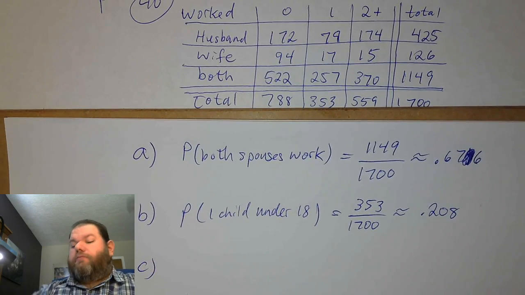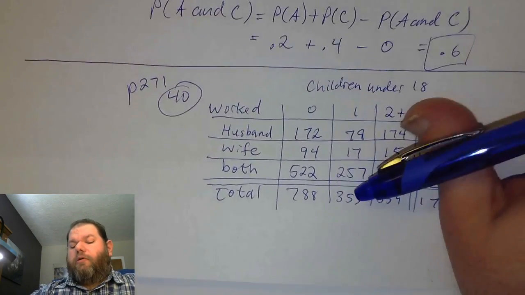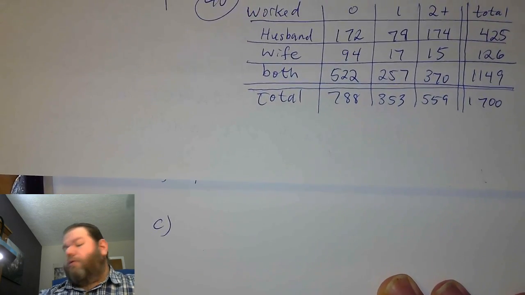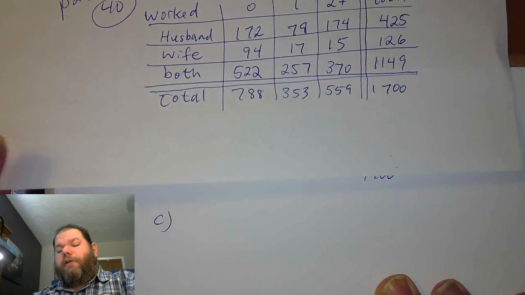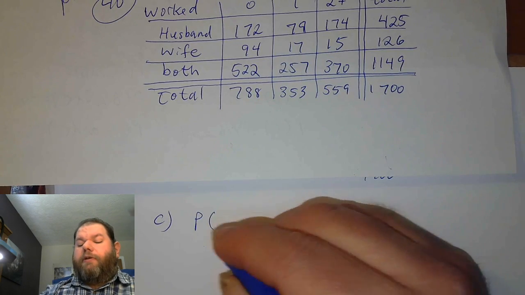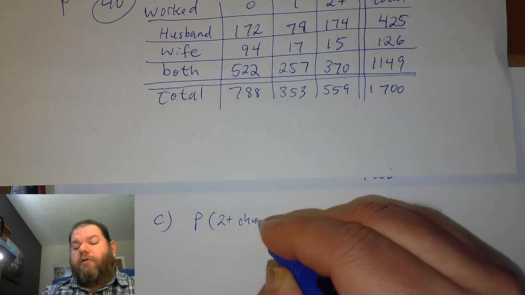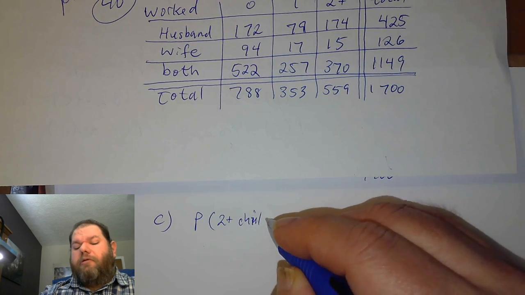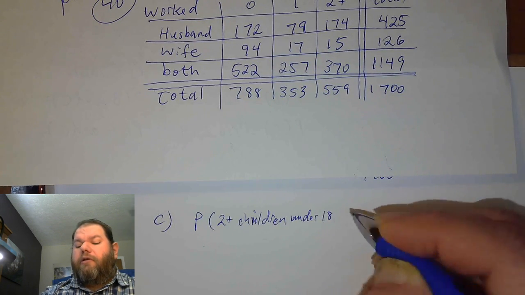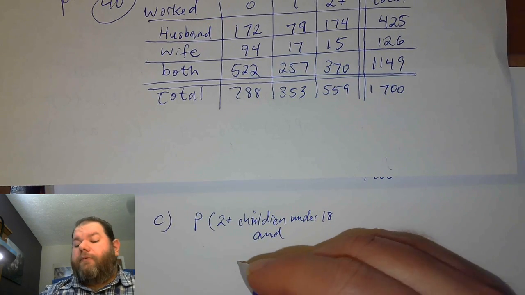Part C. Sorry, I'm trying to get this centered somewhat. Part C, we want the probability that a couple selected at random has 2 plus children under 18 and both spouses work.